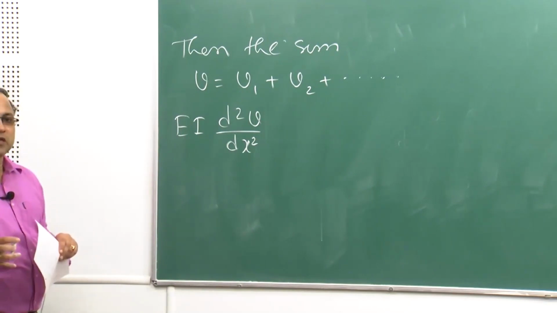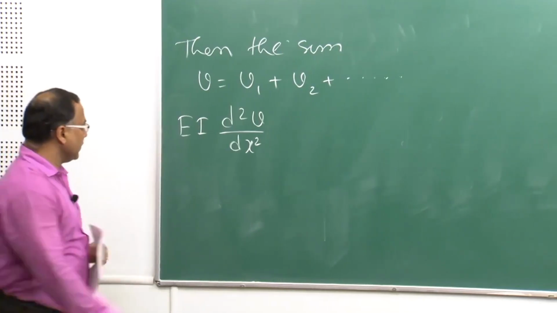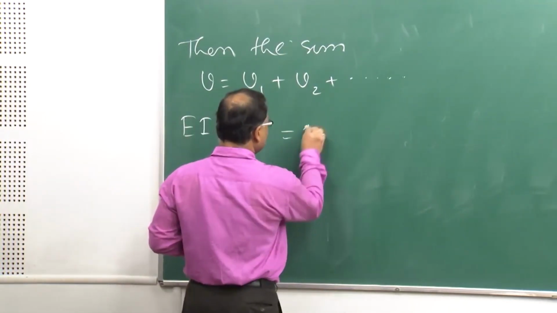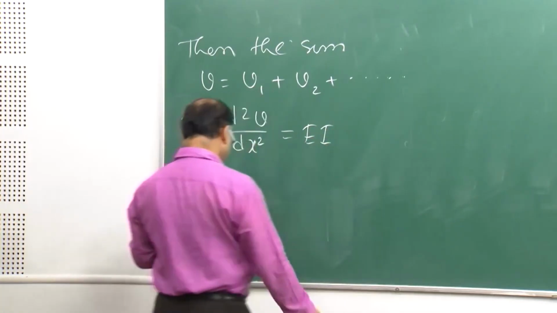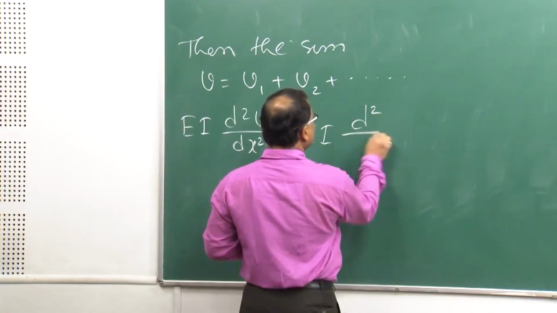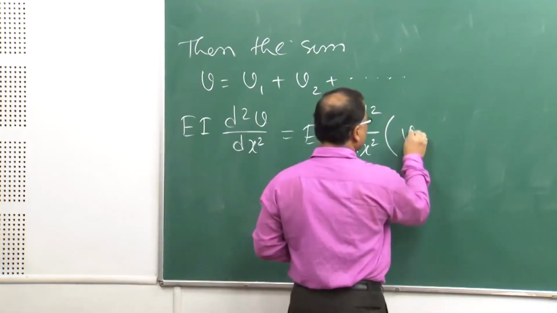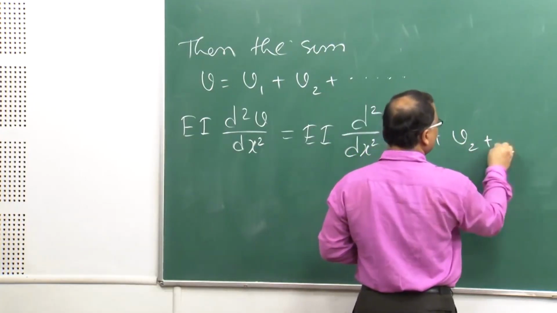I am going to establish the moment curvature relation for the original beam where all the loads are there, and I can separate it like this because EI is constant. So, EI d2/dx2, in place of V I can write V1 plus V2 and so on.